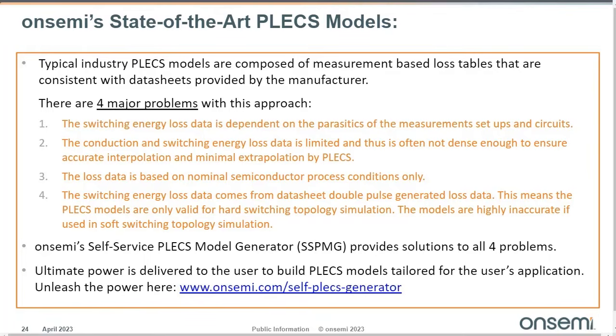With this new tool, the self-service PLECS model generator, we solve those 4 problems. And you can see here the link to access this model generator, and it's completely free.